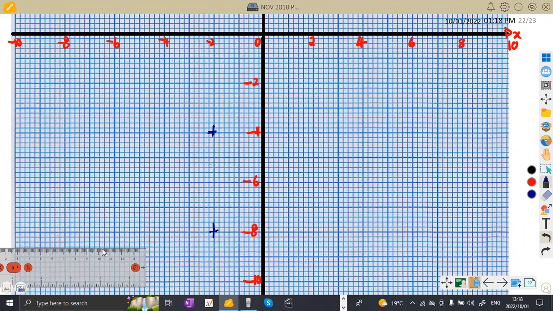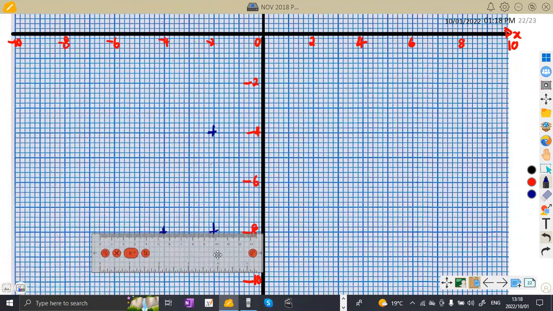The other one was -4, -8, -4 here, and -8. You mark your point also. So with the points, guys, all we need is to join them just like that. All right, so let's join our points and see what you're going to have at the end. This is the image after we have done the transformation of enlargement. Let me just draw exactly where it's supposed to be, somewhere here.